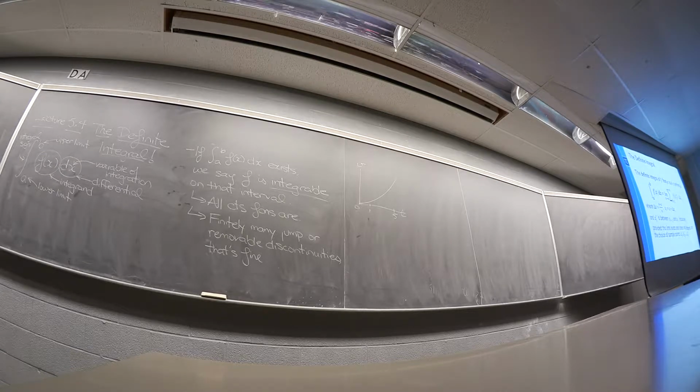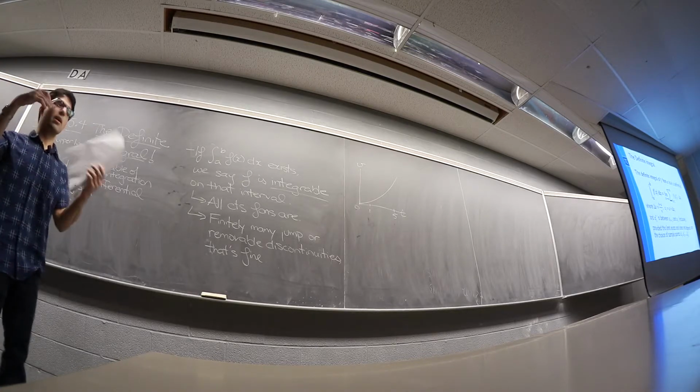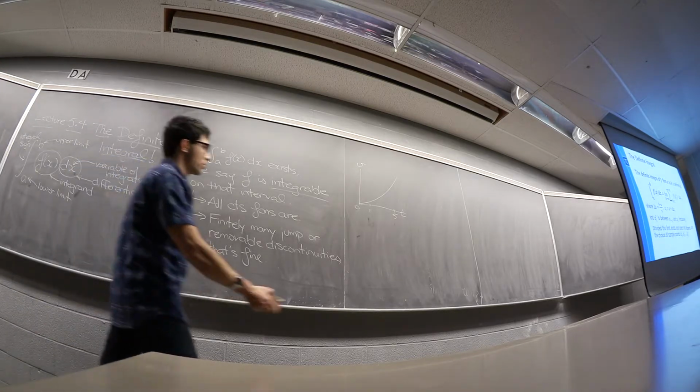So if you're continuous on the interval, you're good. If you're continuous almost everywhere, but in some places you've got jump or removable discontinuities, that's cool too. If you picture a graph like that, you can see that you can calculate areas with it, so everything's cool.